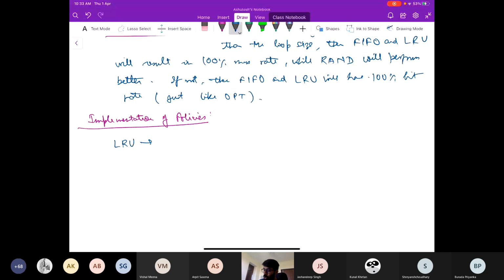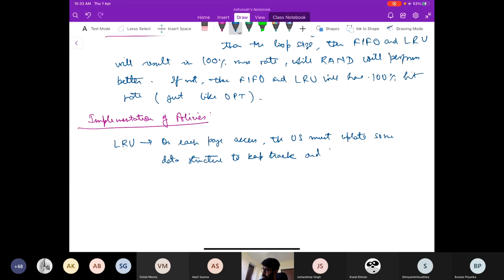So LRU, what do you need to do on each page access? The OS must update some data structure to keep track and to bring the page to the front of the list, because now this page is most recently used.